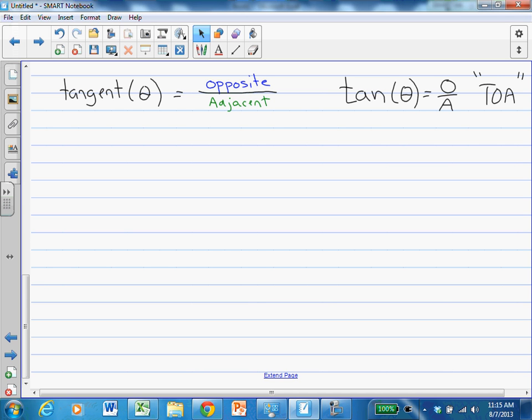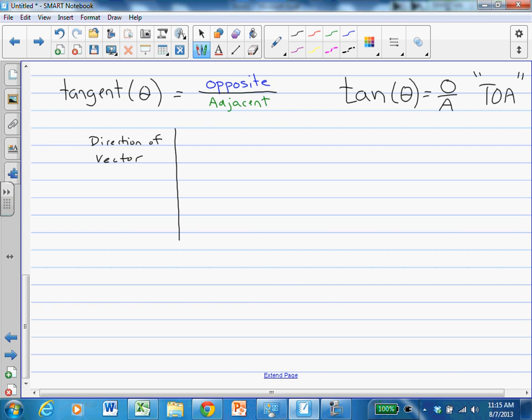So we're going to make a new table where we have the direction of the vector, the angle, which we'll just call theta, the sine theta, cosine theta, and tangent theta.